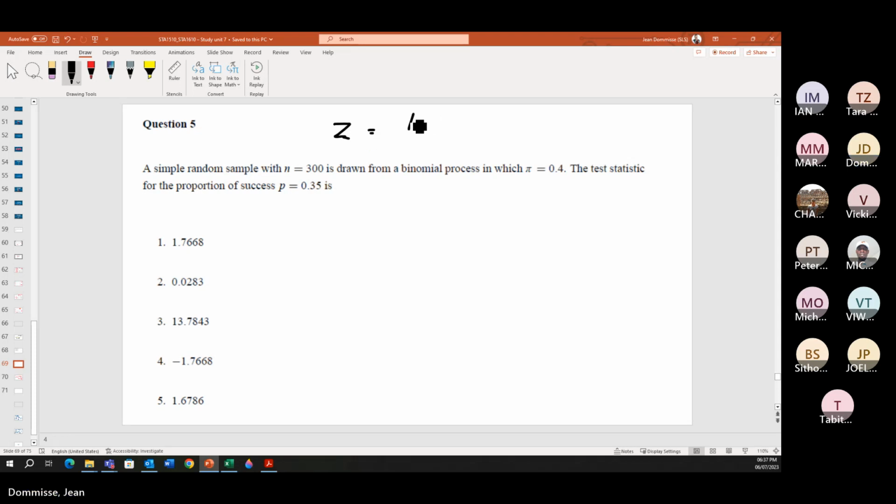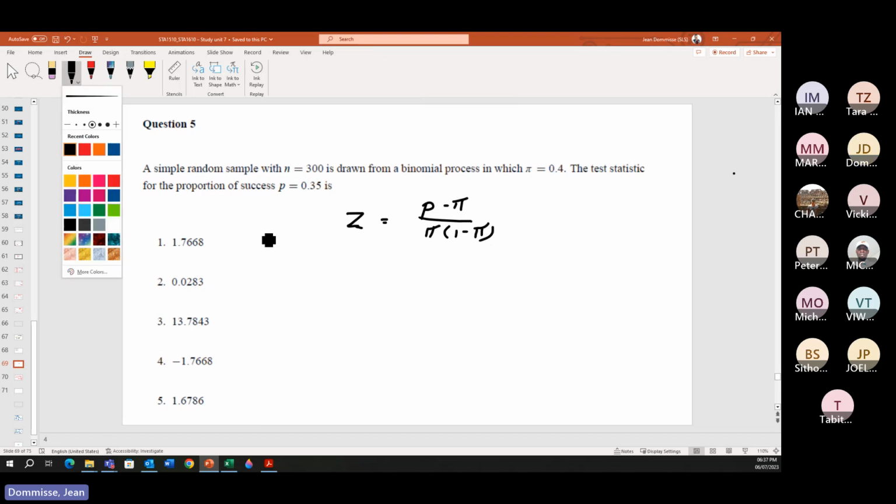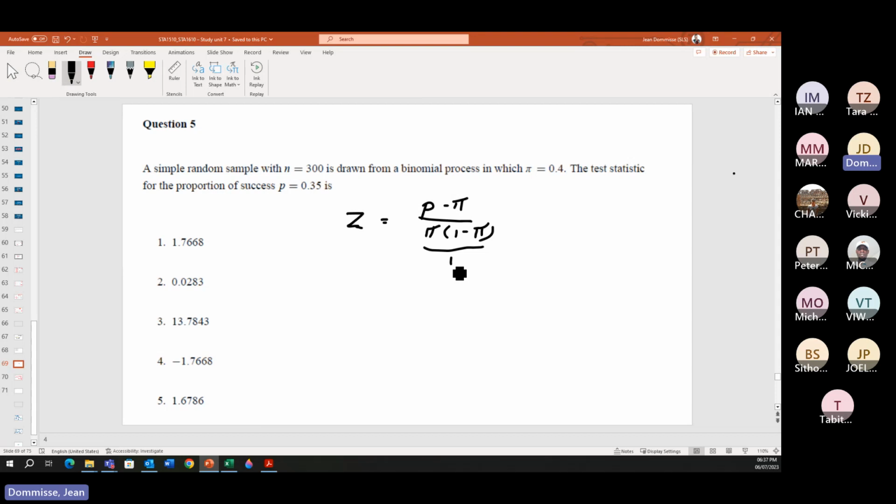So remember, this is the formula, and I should have written it down below so that there's at least more space. So let's quickly see if I can just move it. Okay. So let's do that. Divide it by n, and there we want to take the square root again.